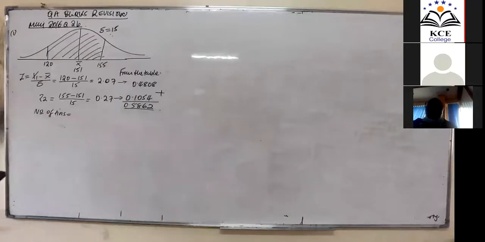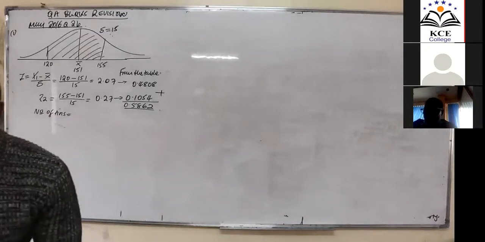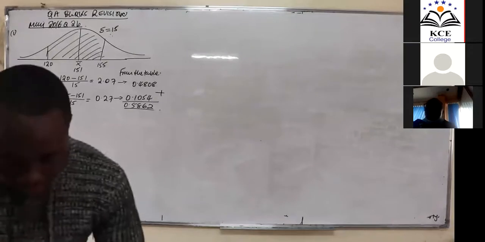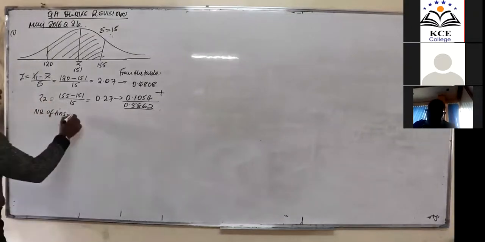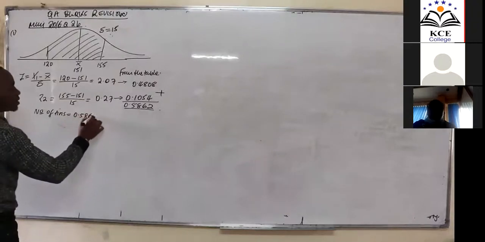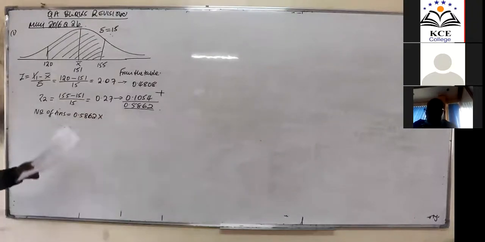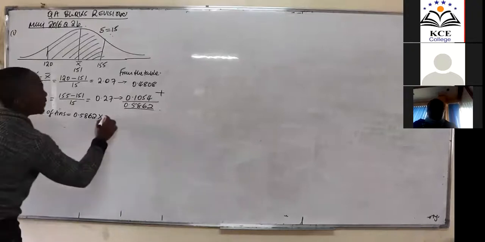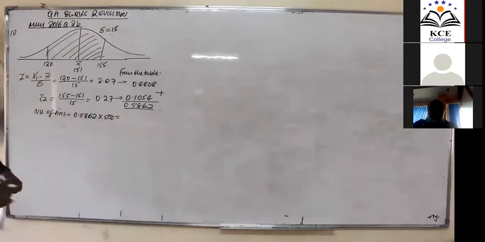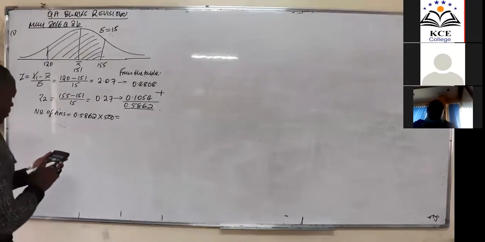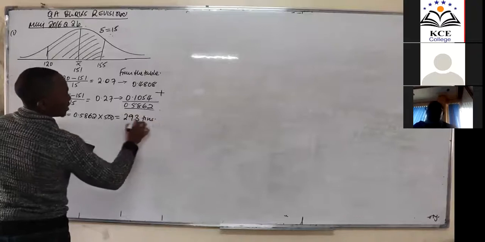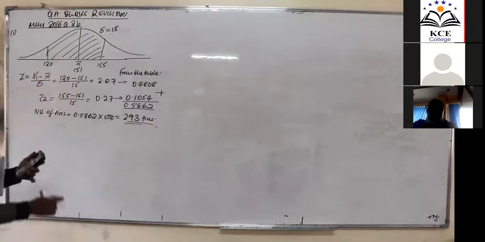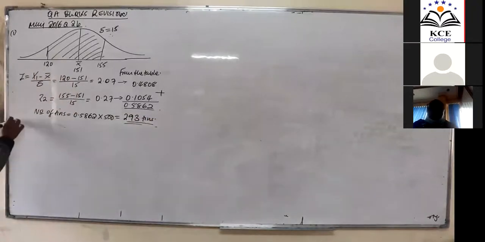That was the question. You are not asked about the probability. It is the number of packaging tins that weigh in between that. So you take the probability of 0.5862, and we had how many tins? 500 packaging tins. You get approximately 293 tins.